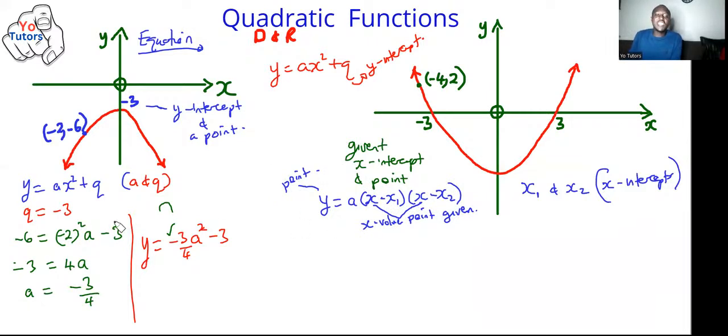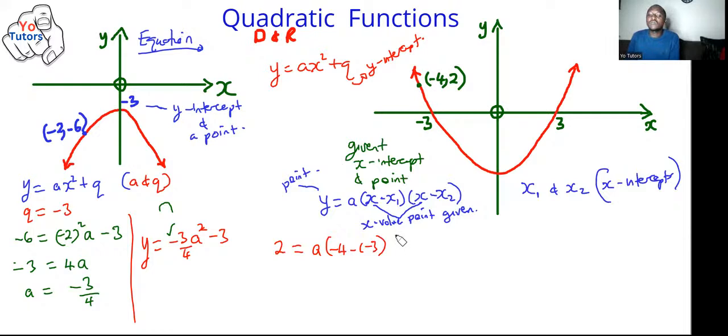So what is our y there? Our y is equal to 2. So it's going to be 2 is equal to a. We don't know a. What is our x? x is negative 4. Now, what is the first coordinate? It's going to be minus, in the bracket, minus, minus, small bracket here, minus 3.